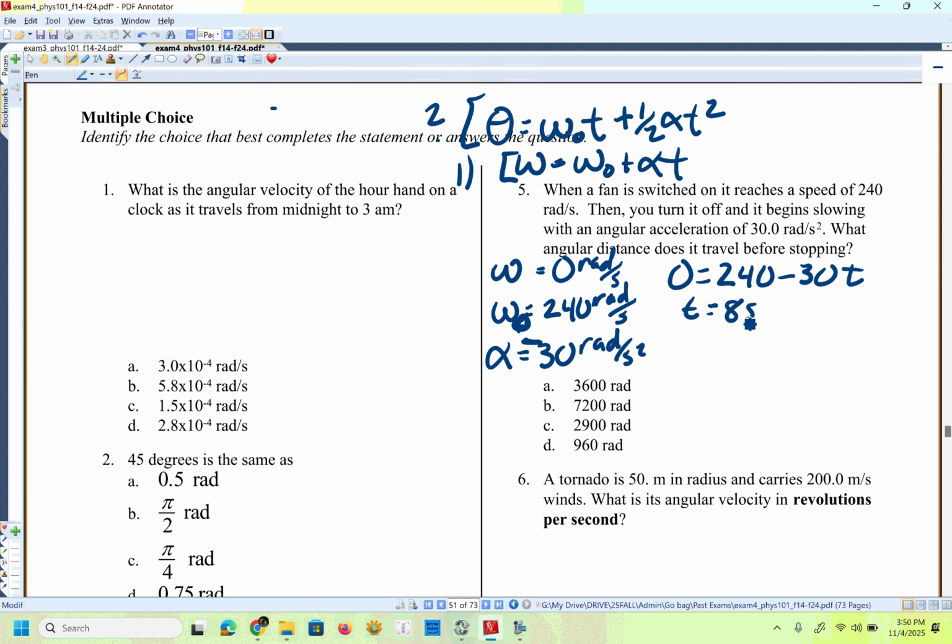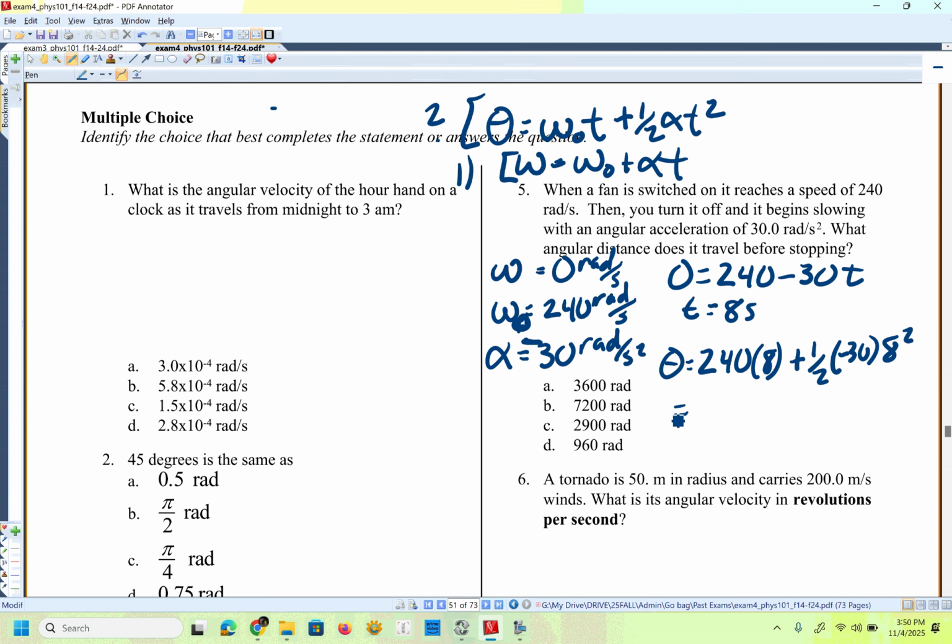It takes 8 seconds for this thing to stop. And then theta is equal to 240 times 8 plus 1/2 of negative 30 times 8 squared.